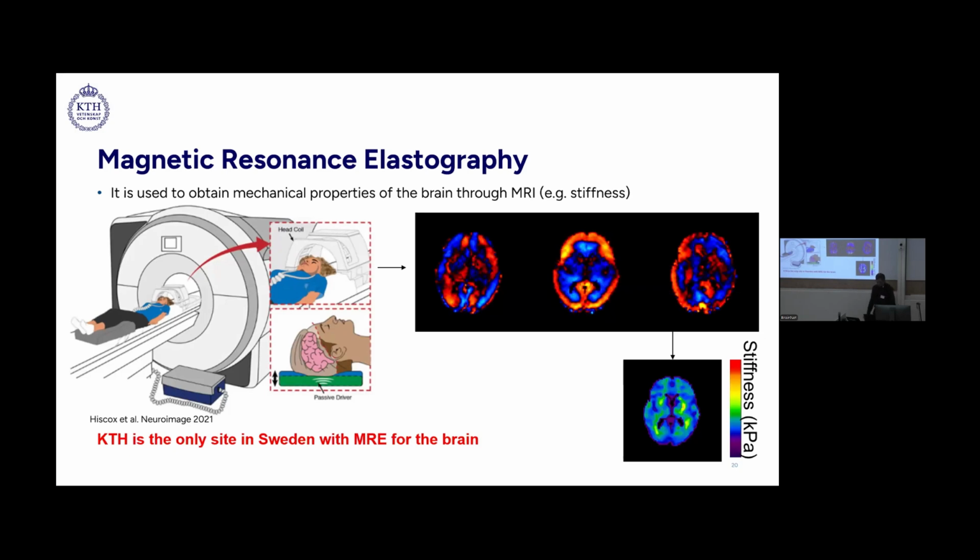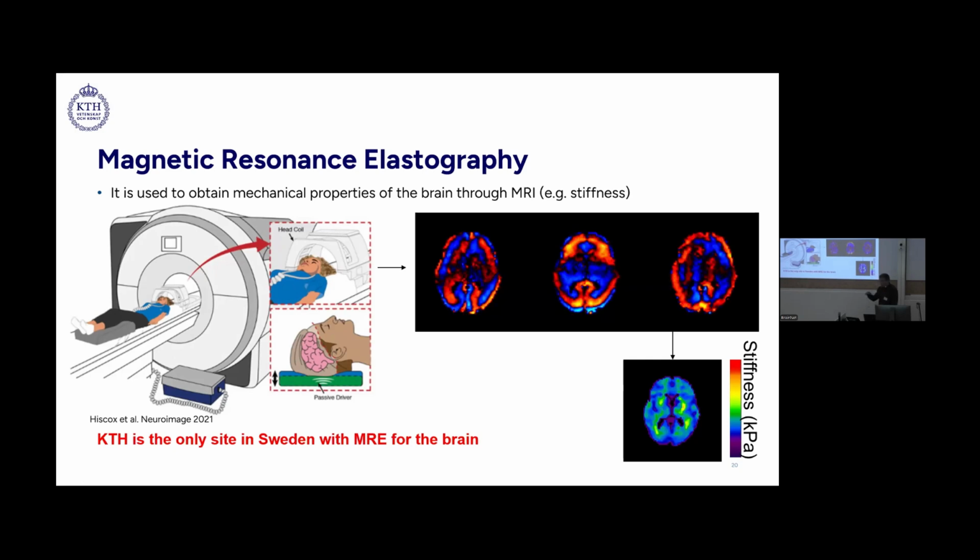So the idea is that you are in the scanner, and then you put a pillow behind the head here. And then this is connected to a pneumatic pump that is synchronized with the scanner.